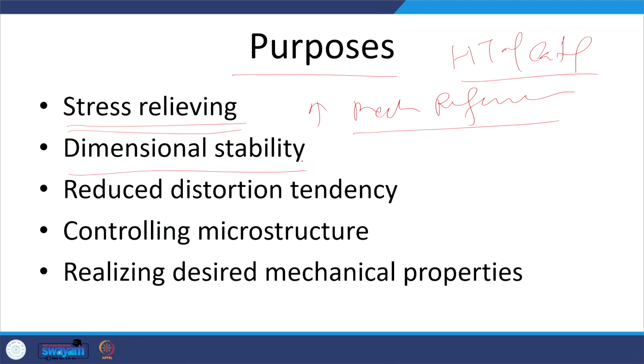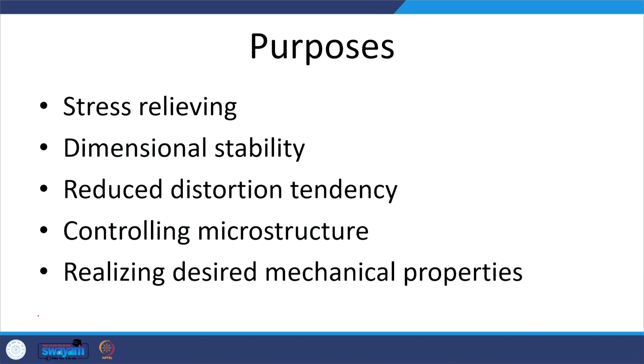Dimensional stability is also enhanced because the residual stresses are relieved, and subsequently during the machining, there is no change in dimensions and the major shape of the casting due to the distortion. Okay, and reduced distortion tendency. This is happening primarily due to the reduced residual stresses.